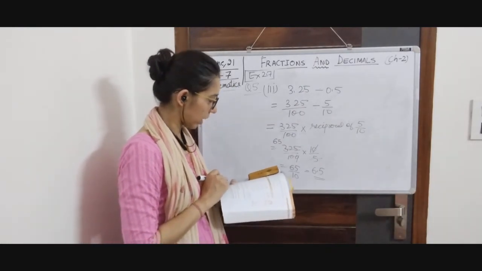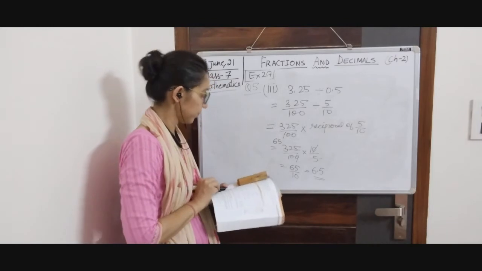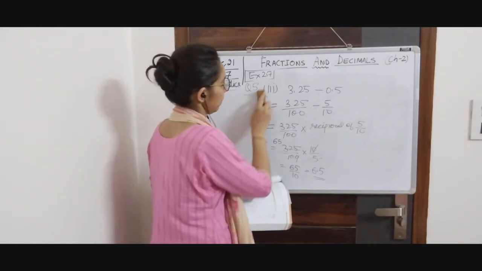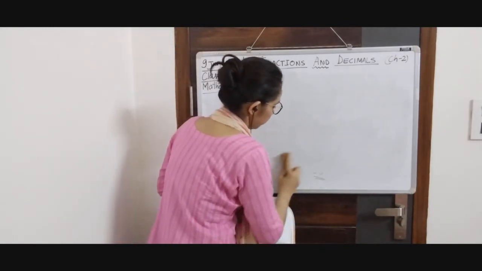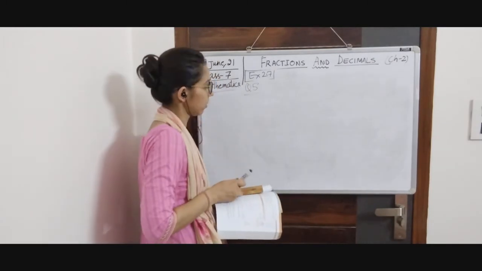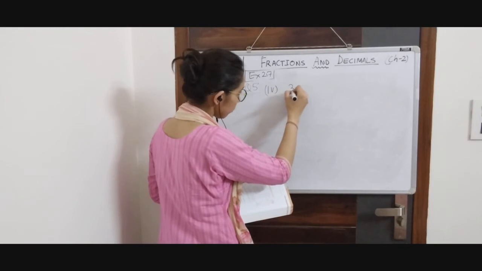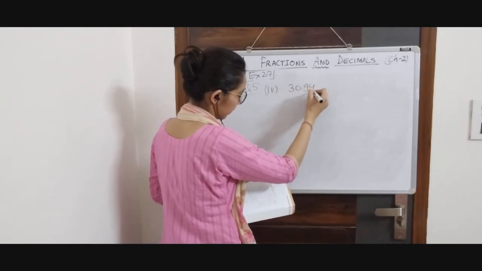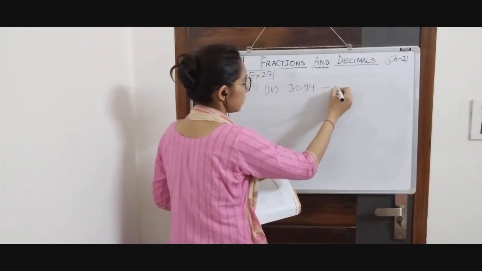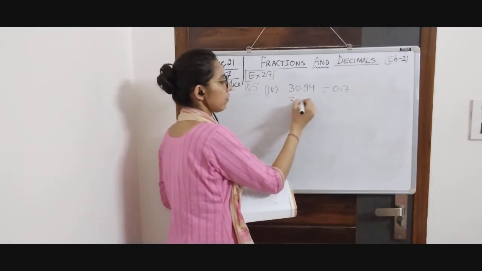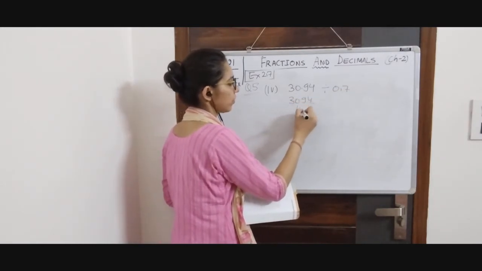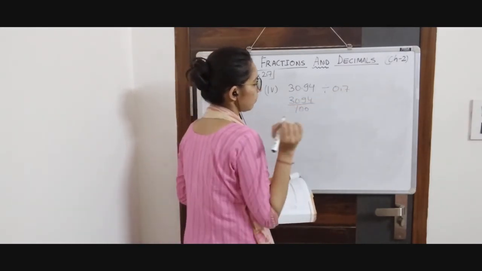We can do one more part, the fourth part. After that, question number 6. In the fourth part, we have to divide this by 7. We will convert both these numbers into fractions.